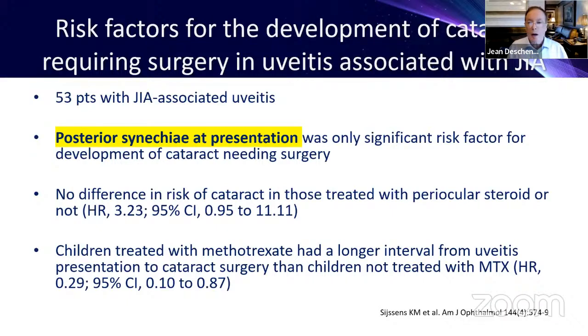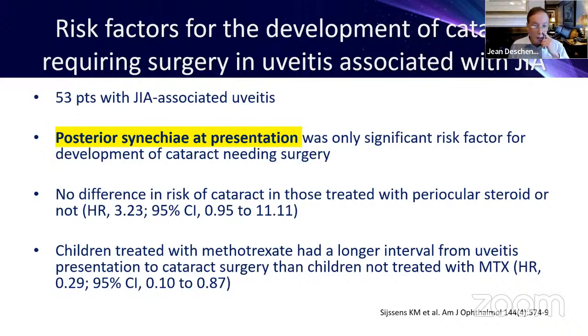Now, risk factors associated with cataract requiring surgery in uveitis associated with juvenile inflammatory arthritis. In 52 patients with associated uveitis, posterior synechiae at presentation was the only significant risk factor for development of cataract needing surgery.